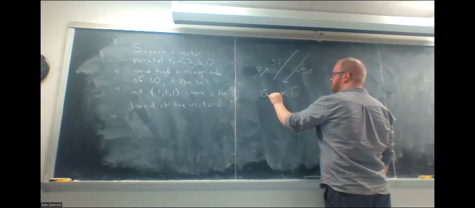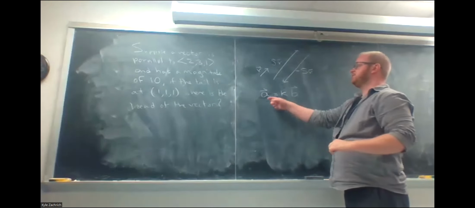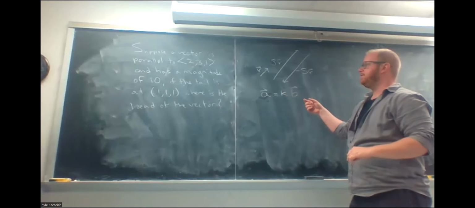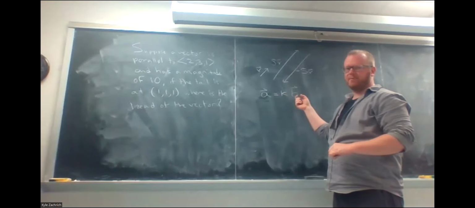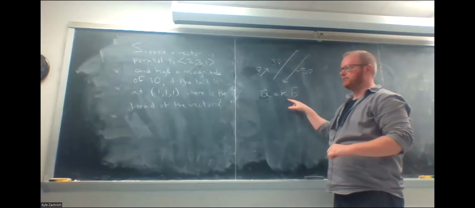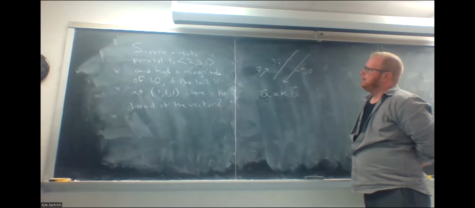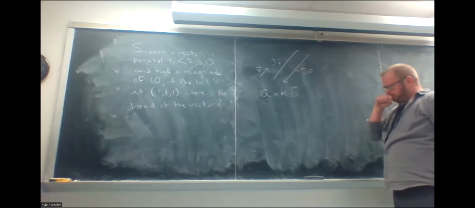If this is true, then a is parallel to b, if we can multiply it by some number.